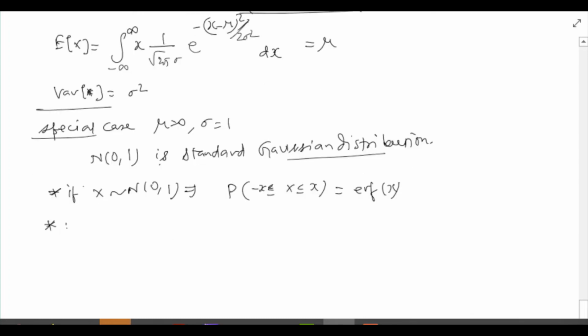Further, if x is Gaussian with parameters mu and sigma square, then (x minus mu) divided by sigma turns out to be Gaussian with parameters 0, 1. That is, (x minus mu) by sigma is a standard Gaussian random variable. These were a few facts about Gaussian distributions, and this also brings us to the end of this lecture. Thank you.